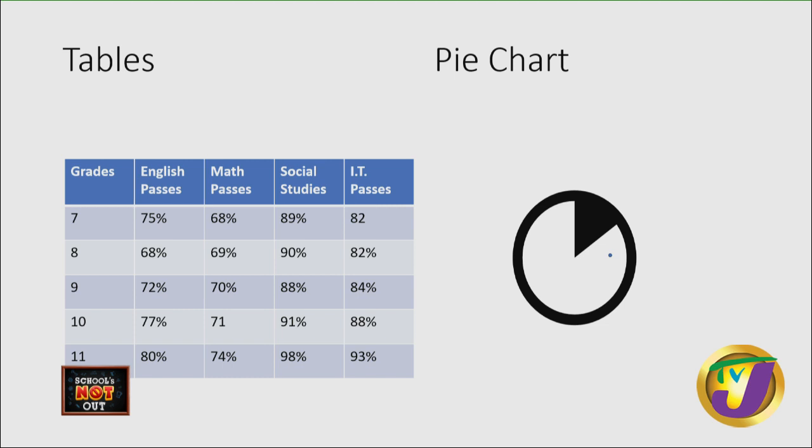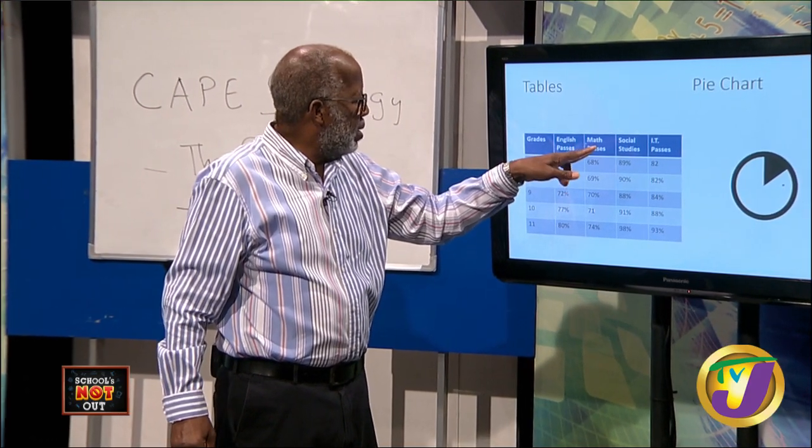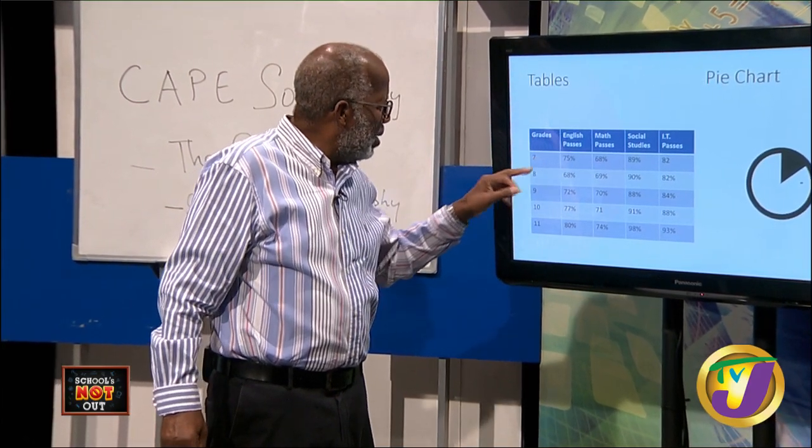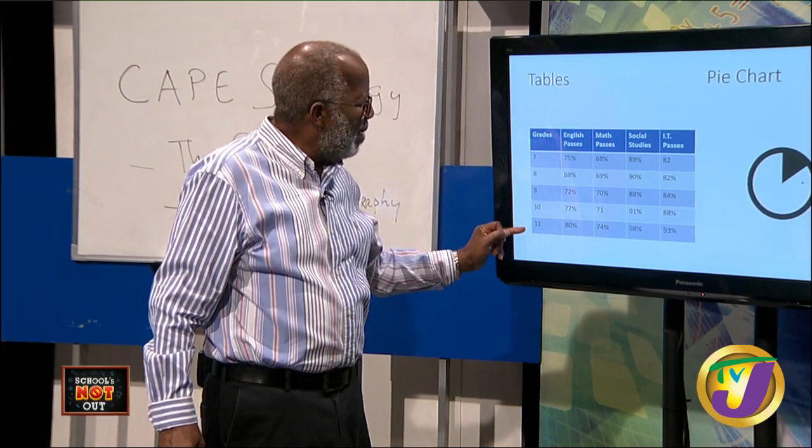Here, I hope you can see the table. We have grades 7, 8, 9, 10, 11. English passes, 75%, 68% for grade 8, right through. Maths passes, social studies, IT passes. So I'm presenting it in the form of a table where I'm showing all the passes in these key subjects for grades 7 to 11.